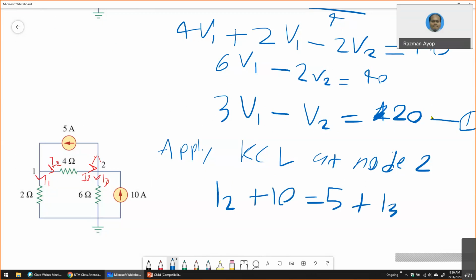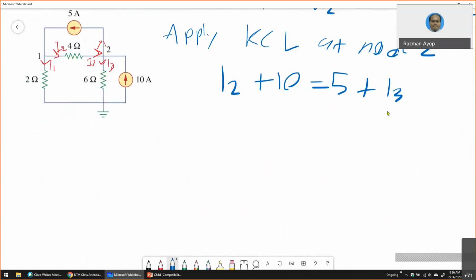I3 is this one. I2 is basically use the same expression. So I2 is this direction, so V1 minus V2 divided by 4.